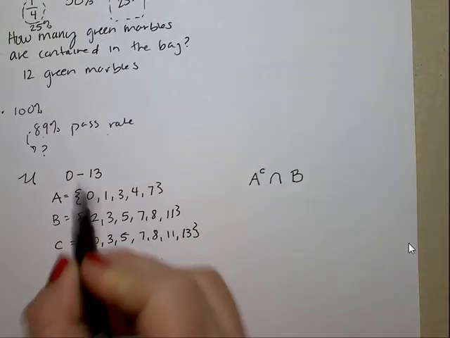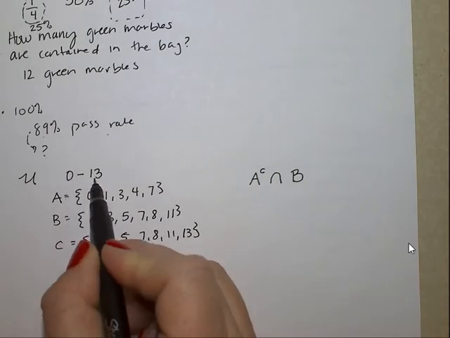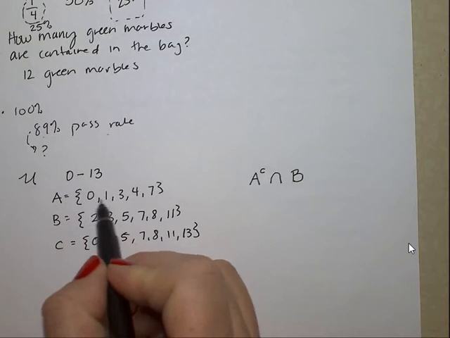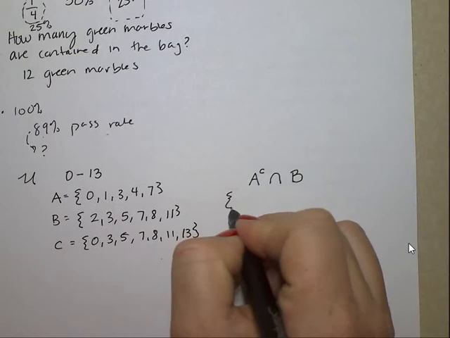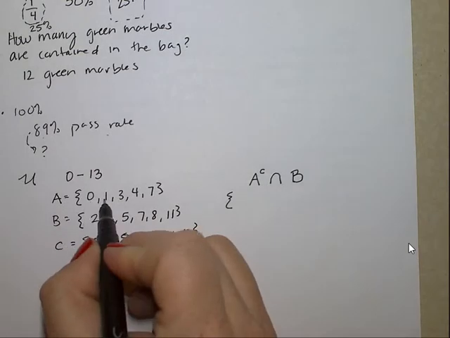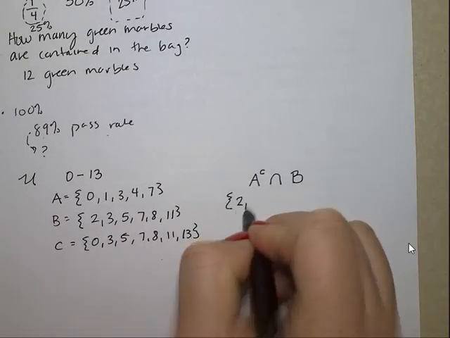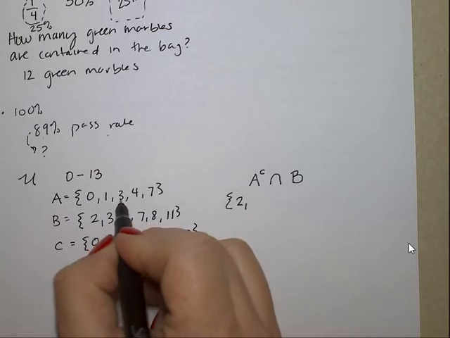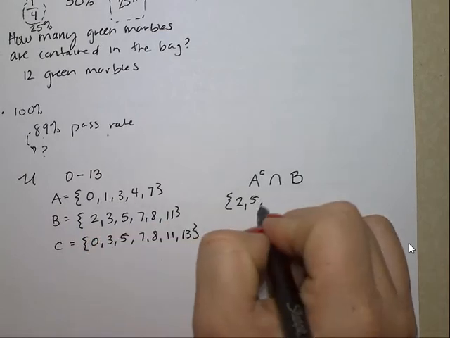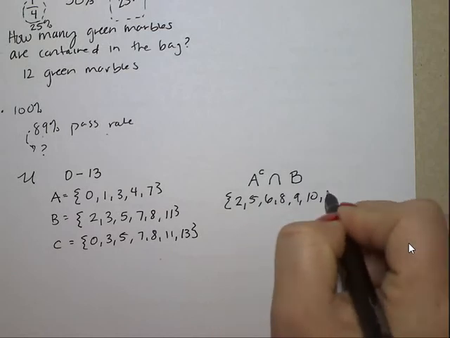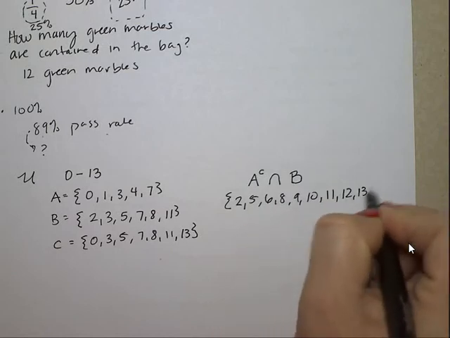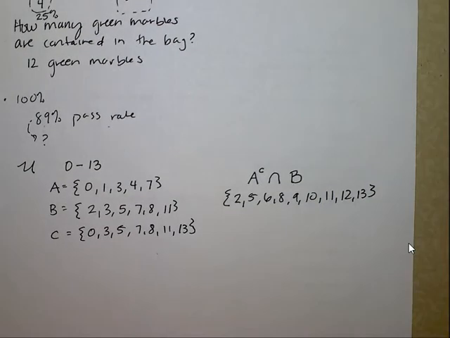I look through all of the integers 0 through 13, but I need to eliminate the integers that are included in set A. So I can't use 0, 1, I have 2. Okay, can't use 3, 4, 5, 6, cannot use 7, 8, 9, 10, 11, 12, and 13. There is the complement of A.